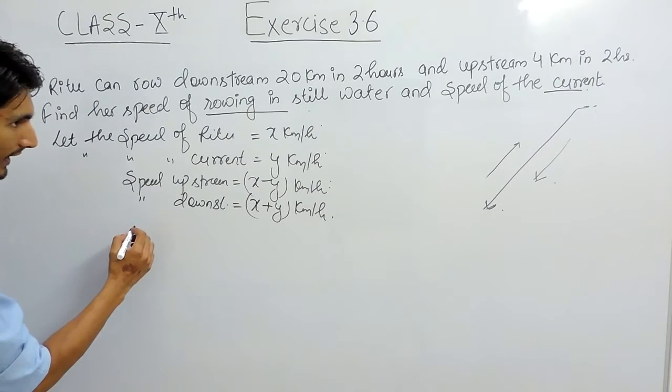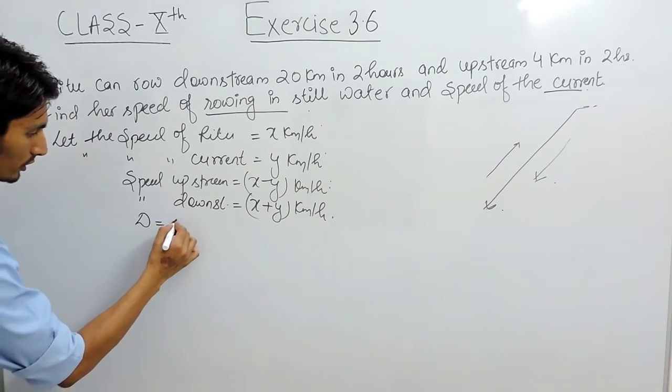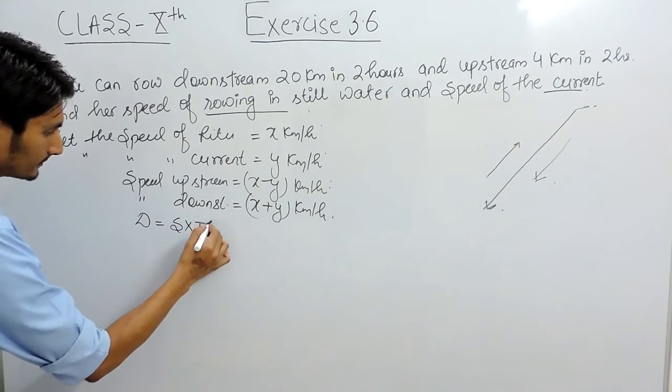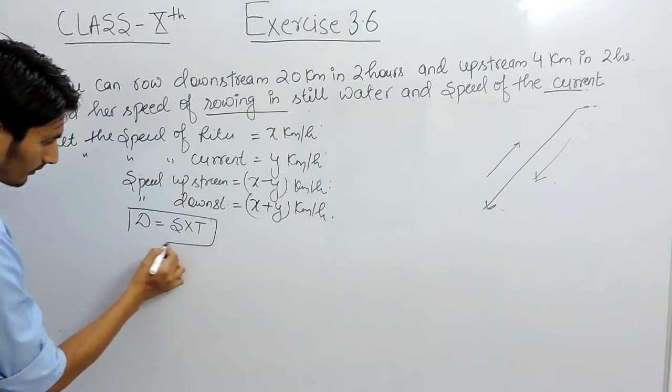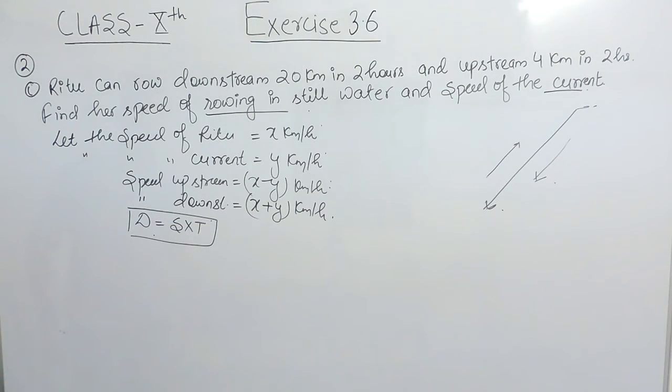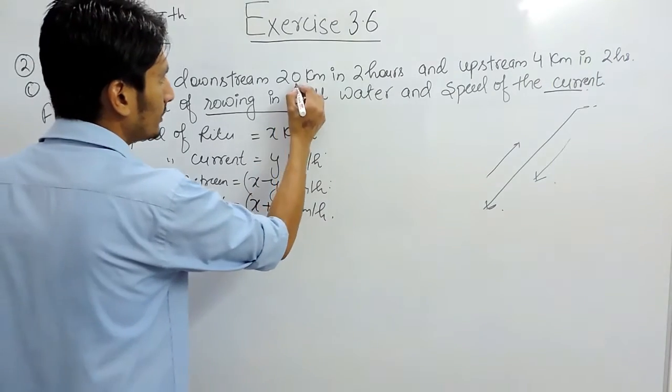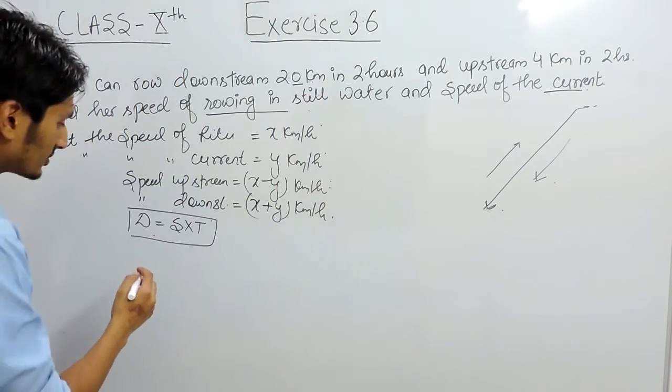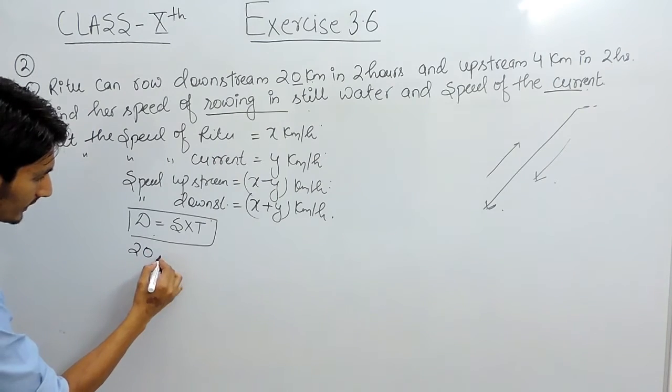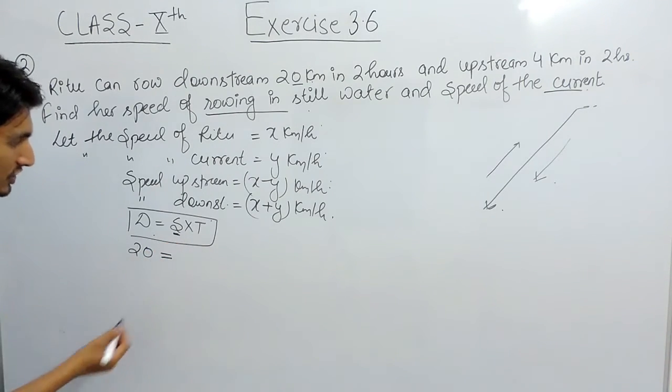Now we know the formula: distance is equal to speed into time. In the first case it says that Ritu rowed downstream 20 km, means the distance she covers is 20 km, which should be equal to speed.